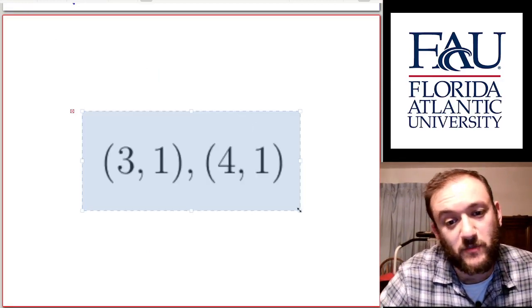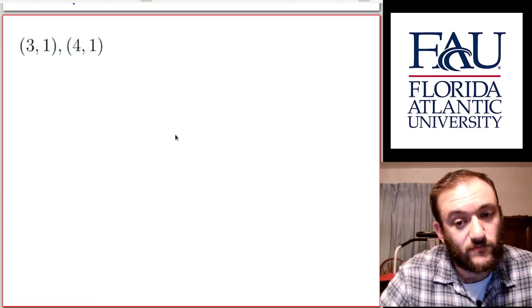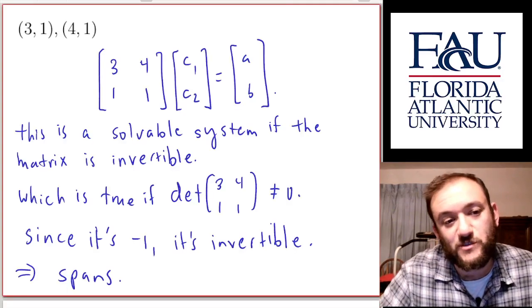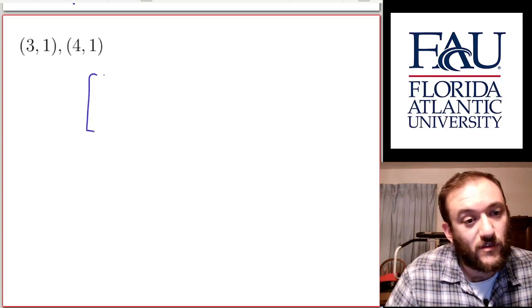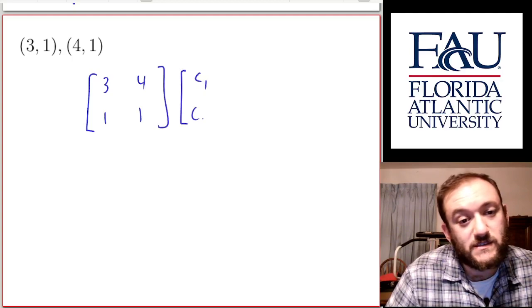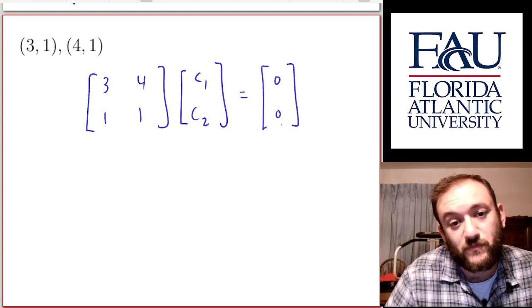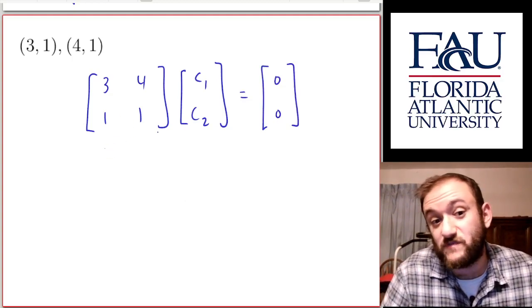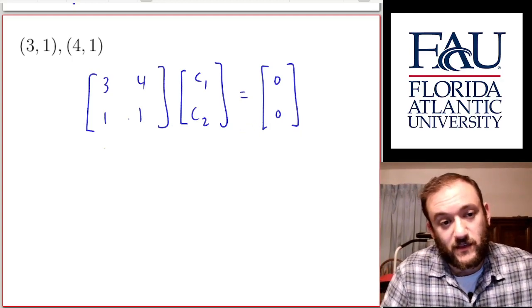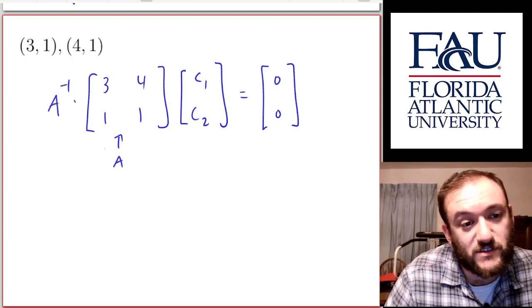Okay, how about linear independence? Well, here we can actually use the same setup. So if we have [3, 4; 1, 1] times (C1, C2), we're saying this is equal to (0, 0). If this matrix is invertible, I can multiply the inverse on both sides of the equation. So let's say this is A. So let's multiply A inverse on both sides.